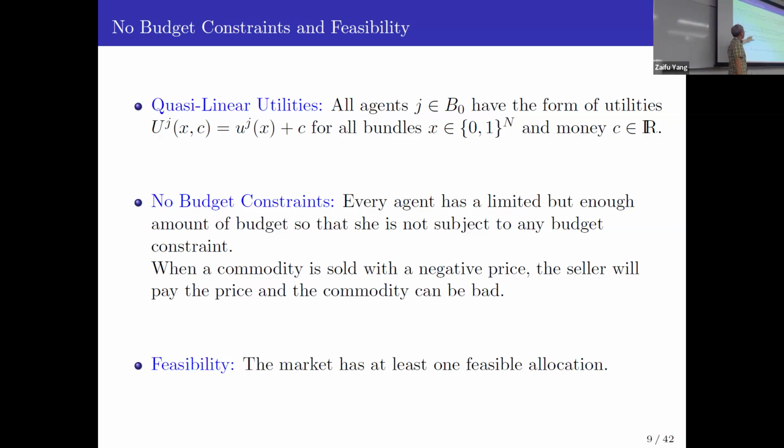When an atom is sold with a negative price, this means the seller will pay the price and the atom can be taken back. We have to assume that the market has at least one feasible allocation, and this assumption is actually very minimal. It includes the possibility that the seller might not want to keep any of her atoms, but is willing to pay some price to get rid of her items. So free disposal is not imposed here.